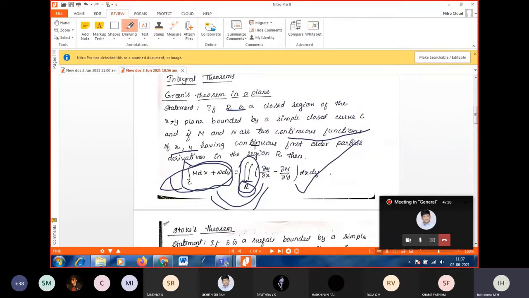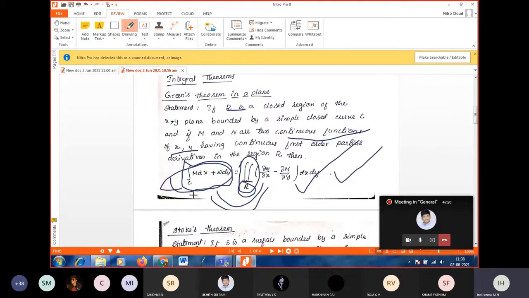Then Green's theorem becomes the integral over C of m dx plus n dy is equal to the double integral over the region R of dou n by dou x minus dou m by dou y into dx dy. This is the Green's theorem.